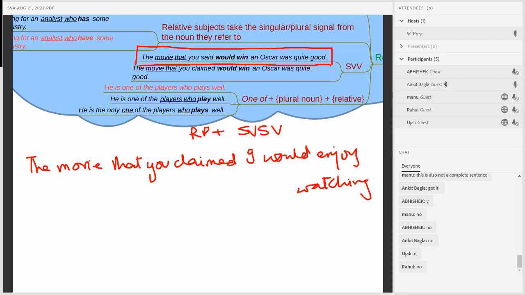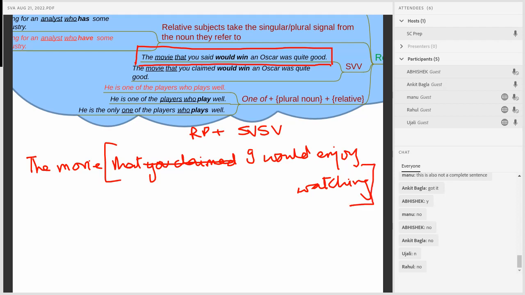After that, you claimed is pointing towards the movie that you claimed. No, no, no, no. It is not pointing to the movie. So you can drop you claimed, and then we will be left with the movie that I would enjoy watching. Right. So we are not left with any verb for the movie.